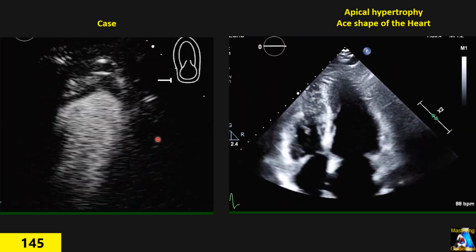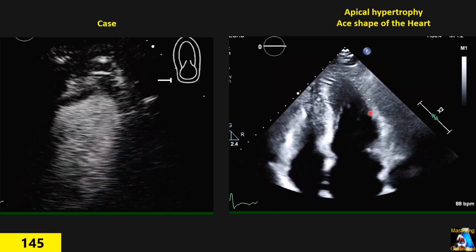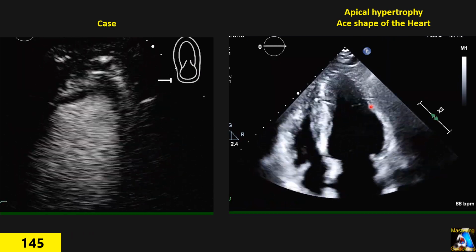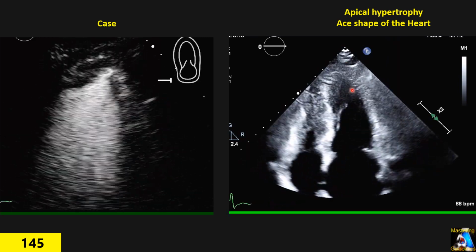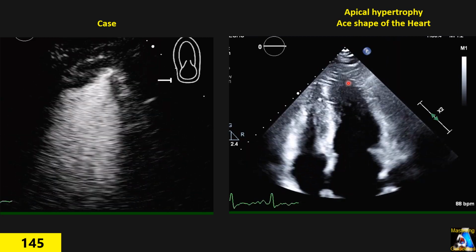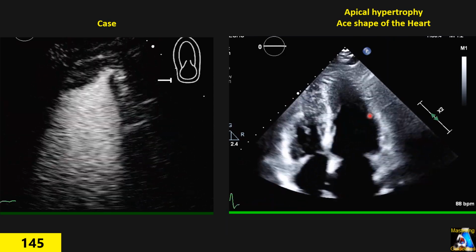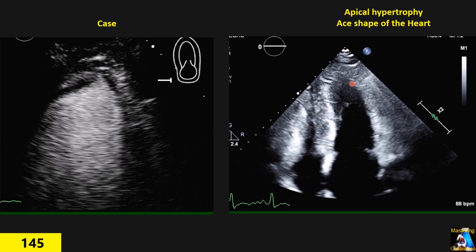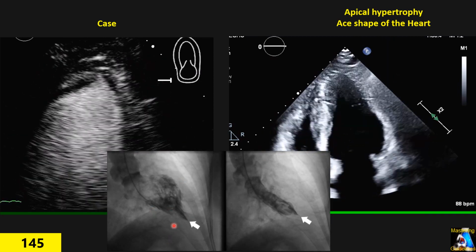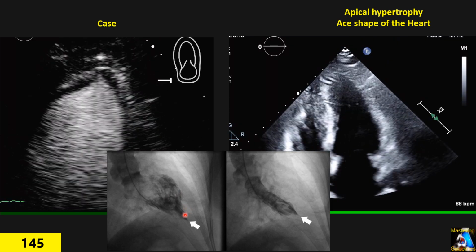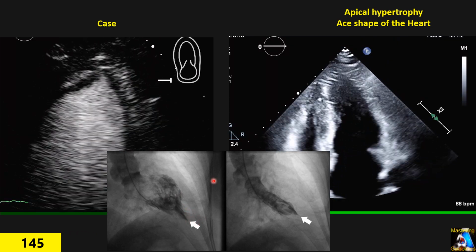In apical hypertrophy in 2D, most of the time we can see a characteristic feature of thickening of the apical myocardium, but the most diagnostic technique is the ventriculography, where we can see an Ace-of-spades shape at diastole, a diagnostic feature of apical hypertrophy.